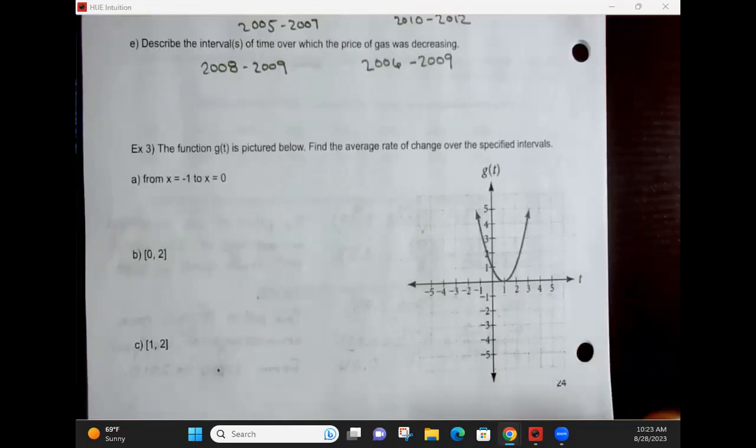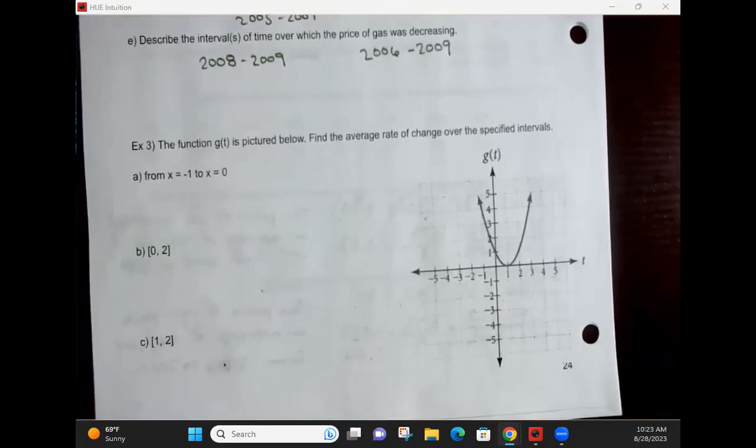Let's look at a graph now. So for example 3, the bottom of page 24, our function g of t is pictured here for us. We've got this graph, okay? We want to find the average rate of change over the specified intervals, okay? You're going to see that I kind of change up the way that we represent intervals to get you familiar with all the types of notation that you could possibly see.